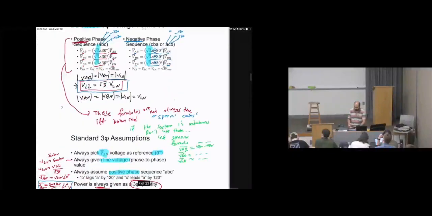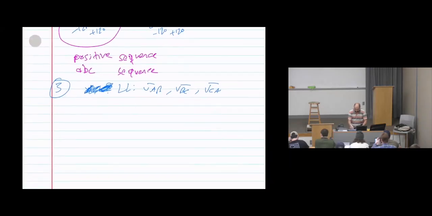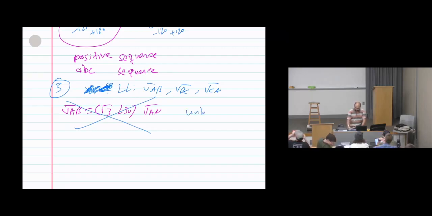So we cannot use this. Even though we say the system is positive sequence, we cannot use them. Therefore, VAB equals square root 3 angle 30 degrees times VAN is not true because it is unbalanced.